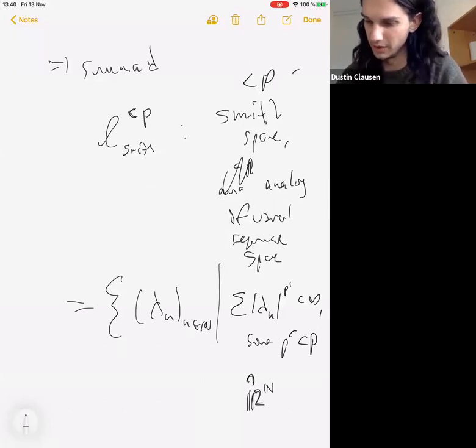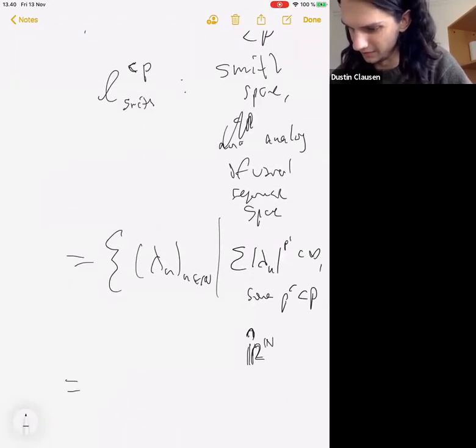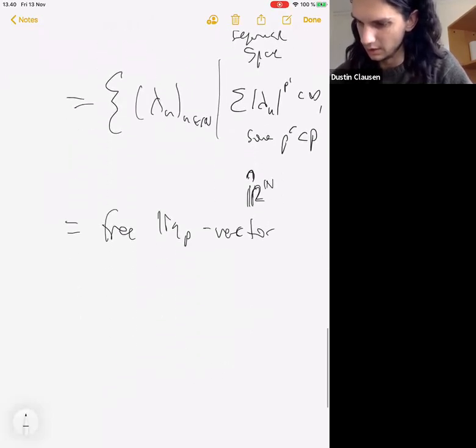Right, also by the construction here, it's the free liquid p-vector space on a null convergent sequence.